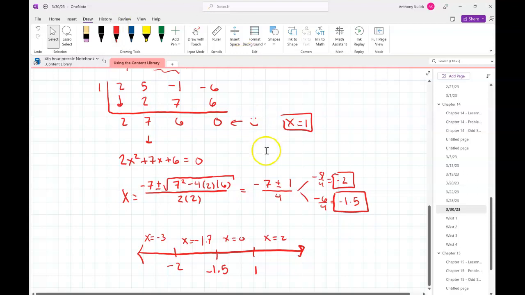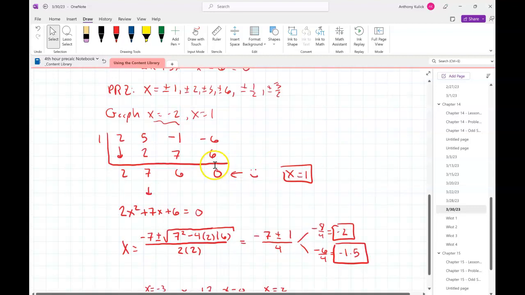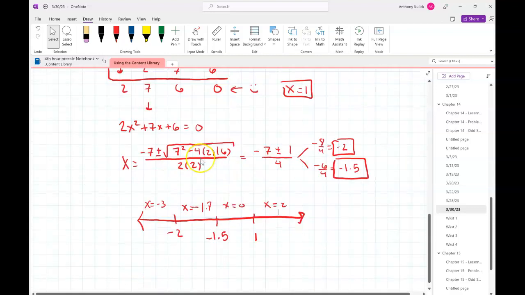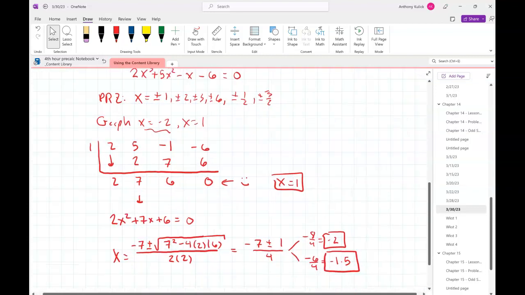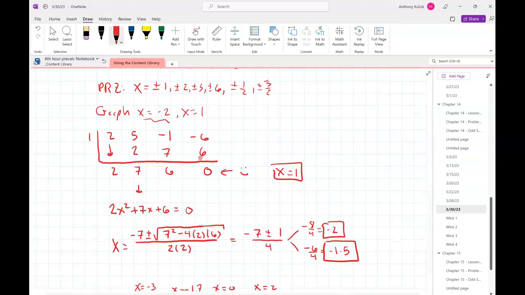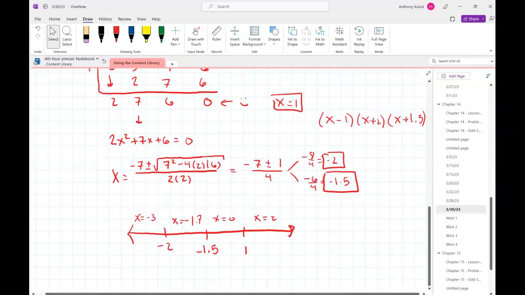I guess I don't really need the calculator, I have the factoring for this, right? So I have x minus 1, x plus 2, and then x plus 1.5.